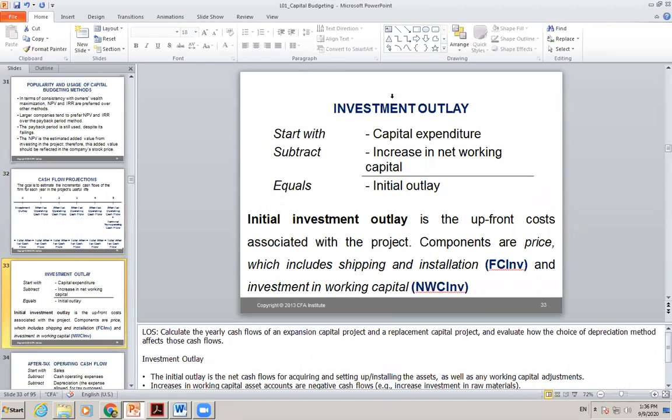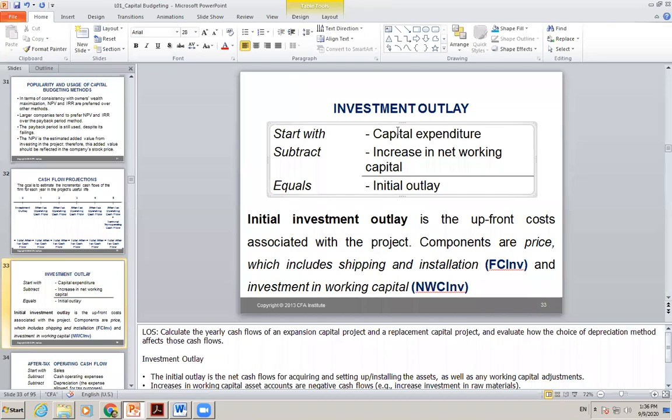So the investment outlay is the capital expenditure, the money that you spend to start the business, and increasing net working capital. Net working capital is the difference between the current assets and the current liabilities, so the daily activities that you're involved in the business. Any changes in that will be added to investment cost.